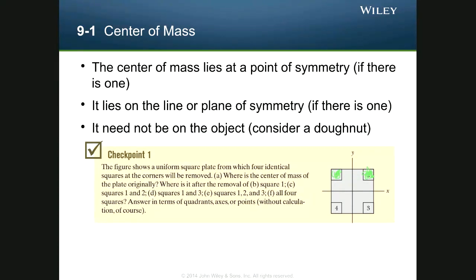No, F is with all 4 squares removed, not no mass. So F would look like this. Not that big looping part, just the 4 squares removed.